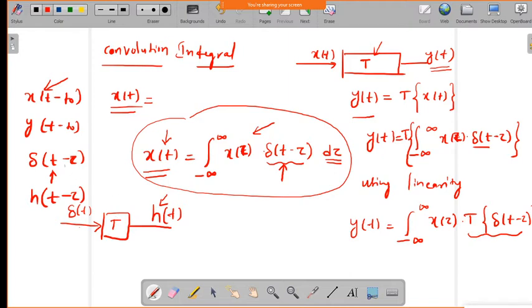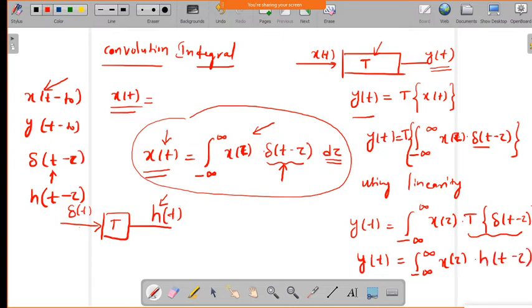So we can write the output y of t as the integral from minus infinity to plus infinity of x of tau into h of t minus tau.